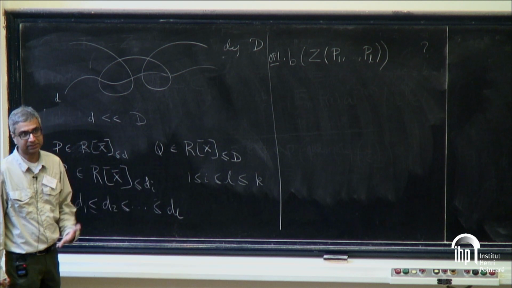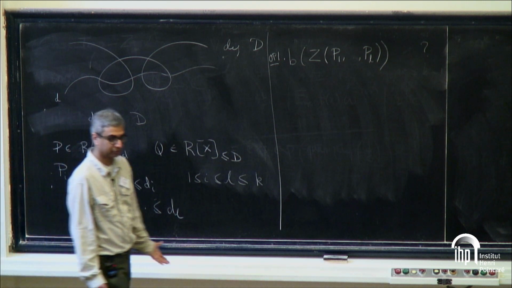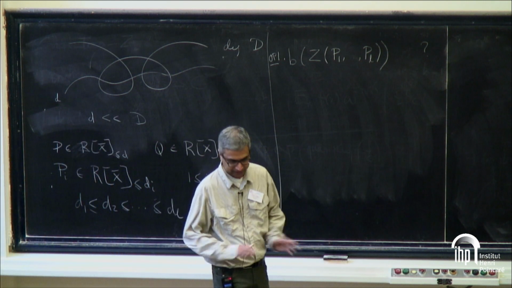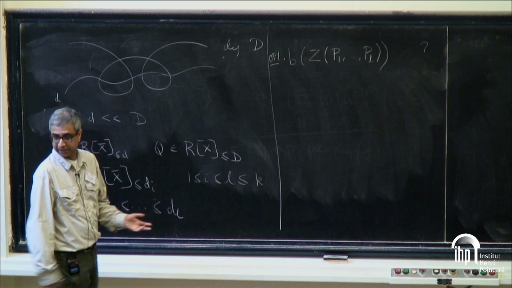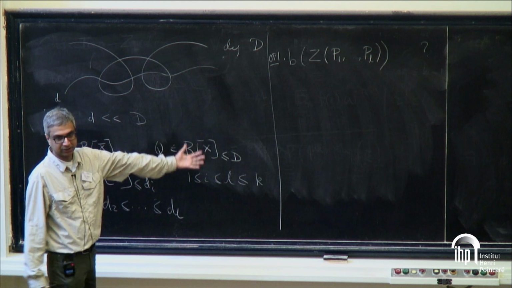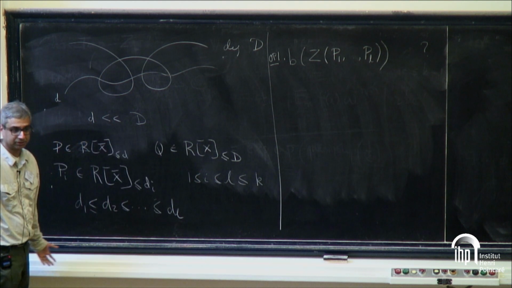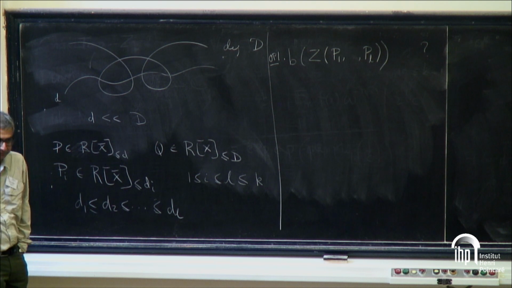But this naive statement, if you replace complex by real, is no longer true. So you can construct examples rather easily of k real polynomials in k variables, having only isolated real solutions whose number is bigger than the product of the degrees.